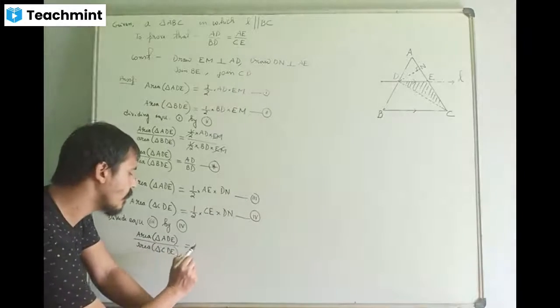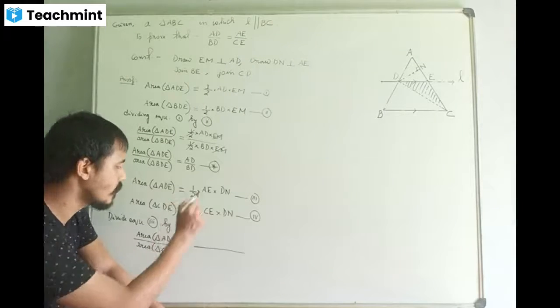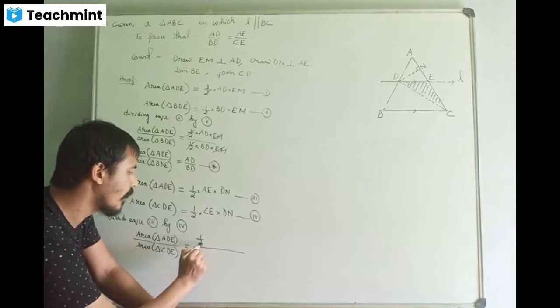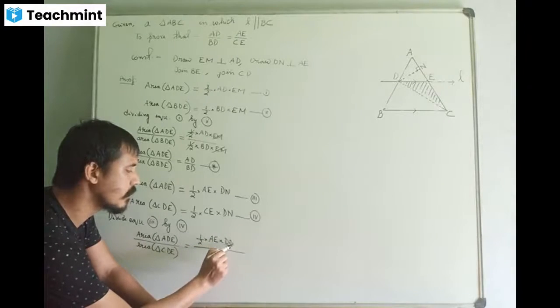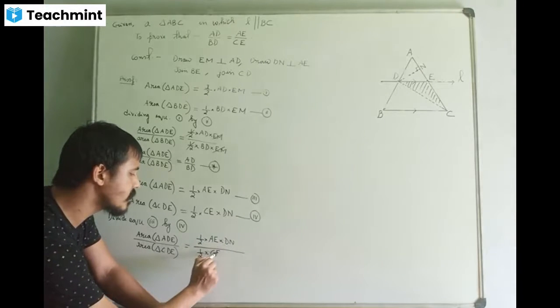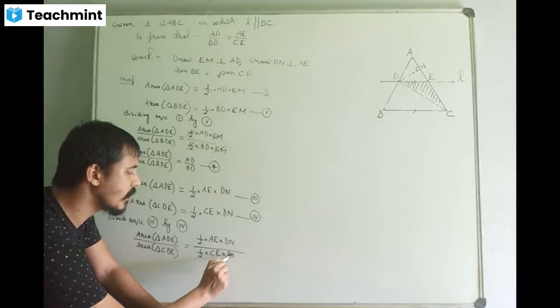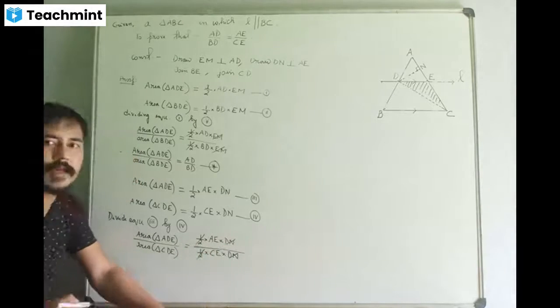Is equal to, the right hand side will also be divided by the right hand side, means half times AE times DN will be divided by half times CE times DN. Half can be cancelled out, DN can be cancelled out.